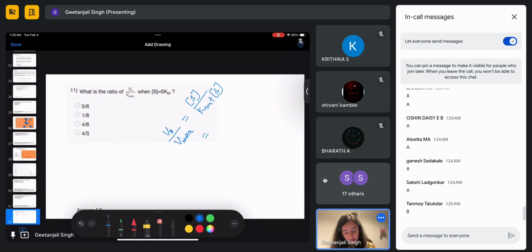Concentration of substrate is 5 times Km, so 5 Km by Km plus 5 Km.